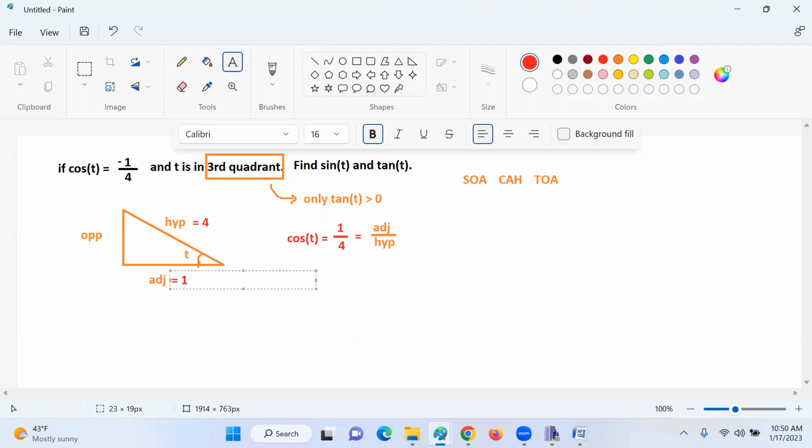Now I need to figure out the opposite, right? I should give you the sine, because every single problem just gives you the cosine and you have to figure out the opposite. If I gave you the sine, you could figure it out a lot easier. So a squared plus b squared equals c squared.